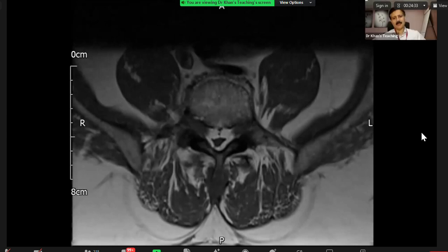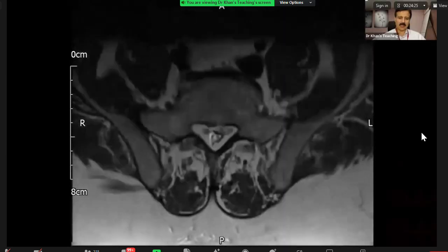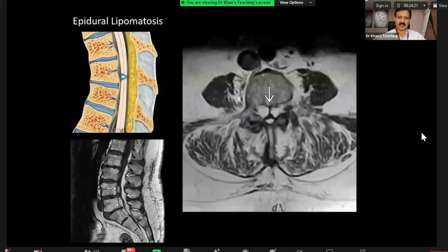Have you ever seen this case? No. Okay. So the point is that this is known as epidural lipomatosis. Look at this picture. And Cushing's syndrome should come to your mind.